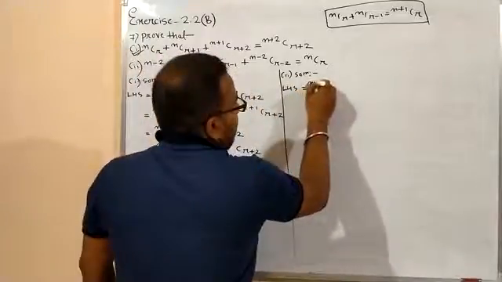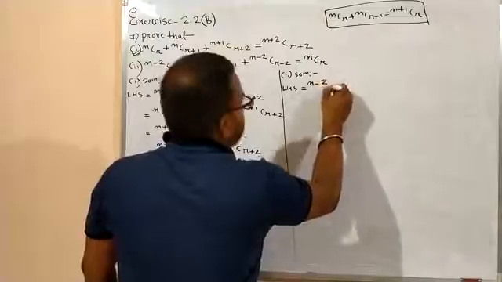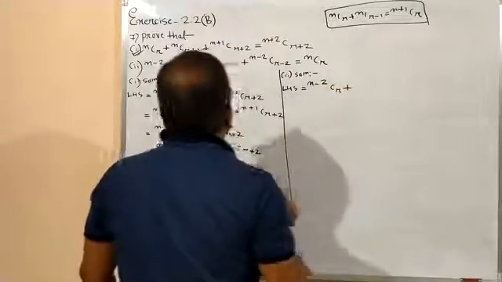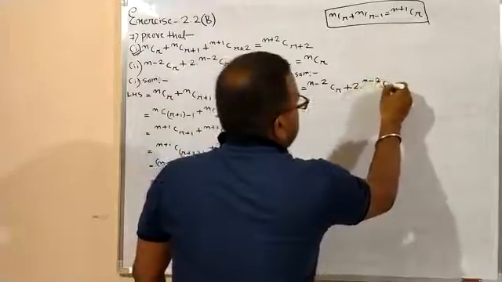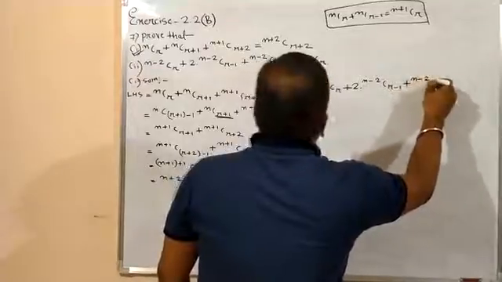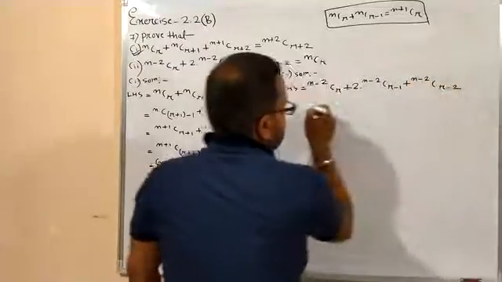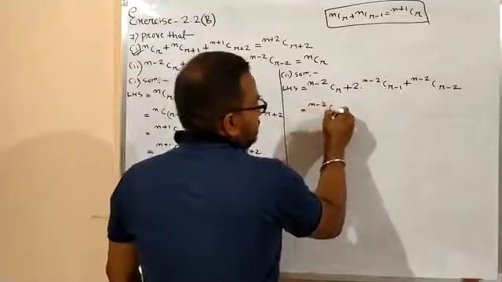So it is n-2Cr plus 2 into n-2Cr-1 plus n-2Cr-2. Okay. Now this is what? n-2Cr.